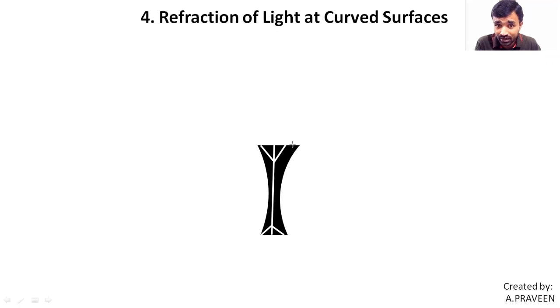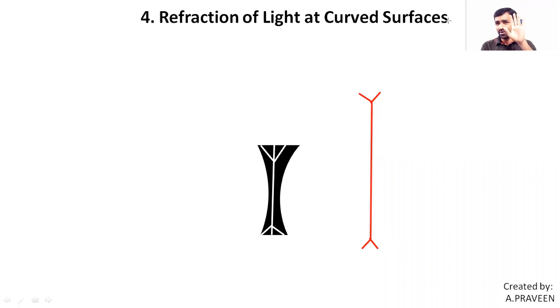So the line is taken, and at the edge, I am showing the symbol of a curvature. So it is looking like this. This is the symbol I am using for the double concave lens.